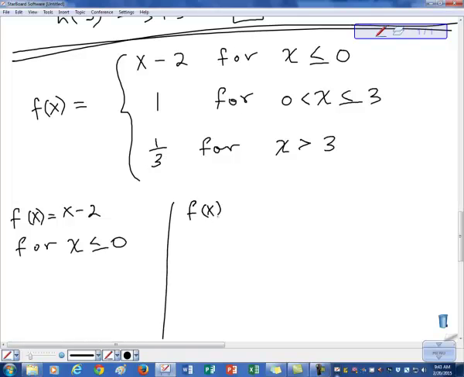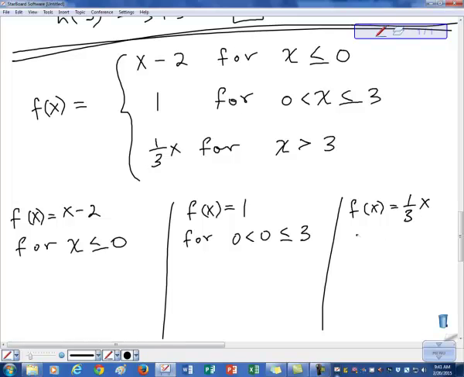And then here we have f of x equals 1, for x is greater than 0, but less than or equal to 3. And then the third one is f of x is equal to 1/3 x, for x is greater than 3.